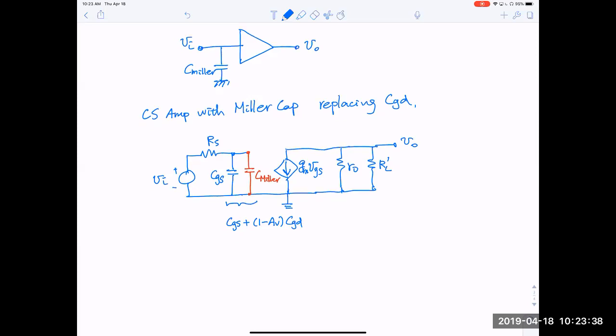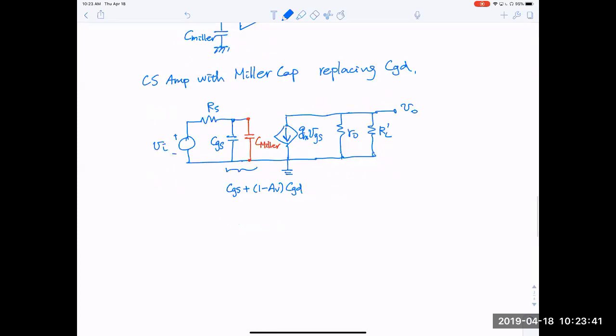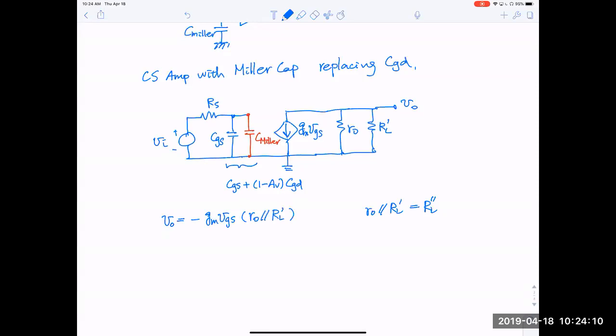Basically, you can write out the whole thing. Your VO is equal to minus GM VGS times RO in parallel with RL prime. Let's call RO in parallel with RL prime RL double prime. And VGS, what is VGS? VGS is simply a voltage divider.